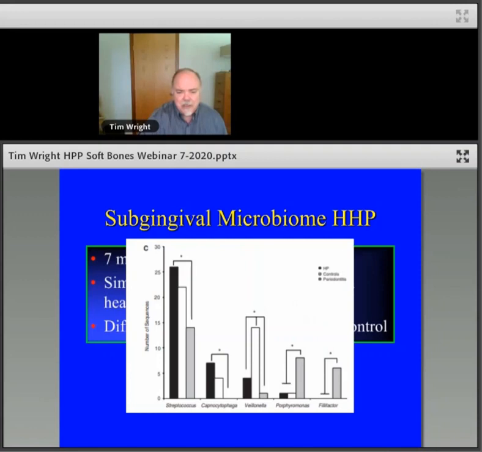Most of the bacteria that you would see in periodontitis, that are thought to be associated with the disease, the hypophosphatasia people did not have. They did have a lot of streptococcus, and Strep mutans has been associated with dental caries. Whether or not people with hypophosphatasia have more tooth decay than other people, there's no study that I'm aware of where anybody's actually looked at that and quantitated it effectively.